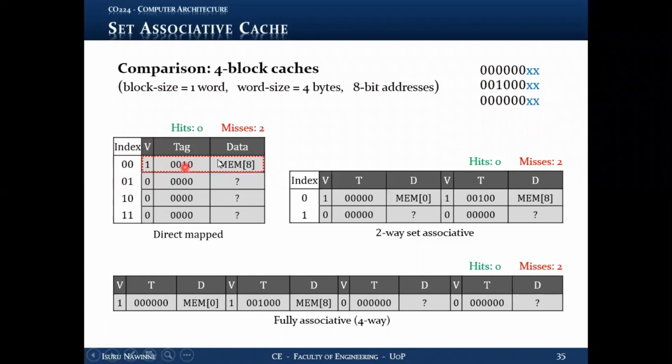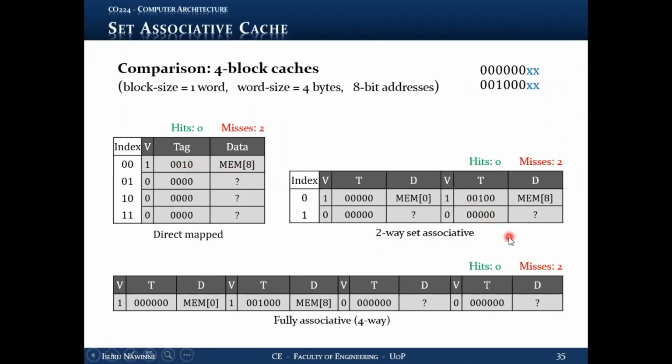So we updated that entry, right? If you noted, when we completed that access for address 8, we updated this entry with the data from memory, block address 8, and the corresponding tag. Same with two-way set associative.